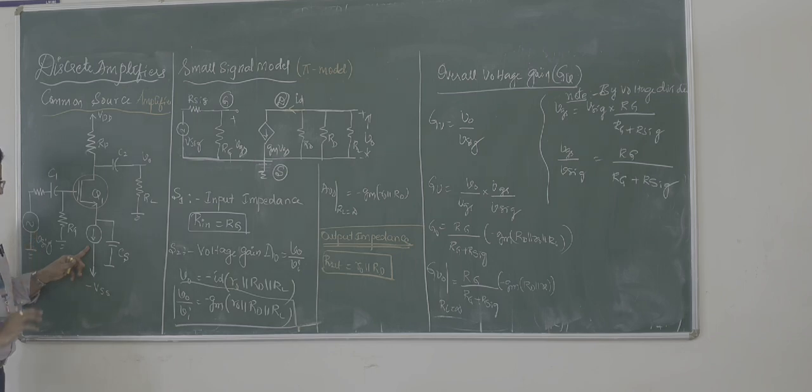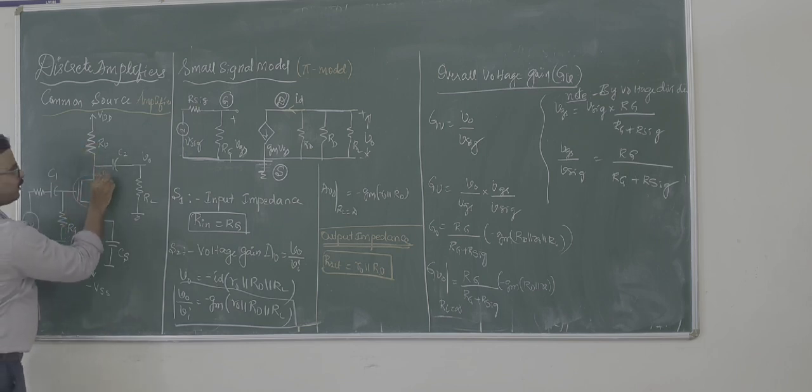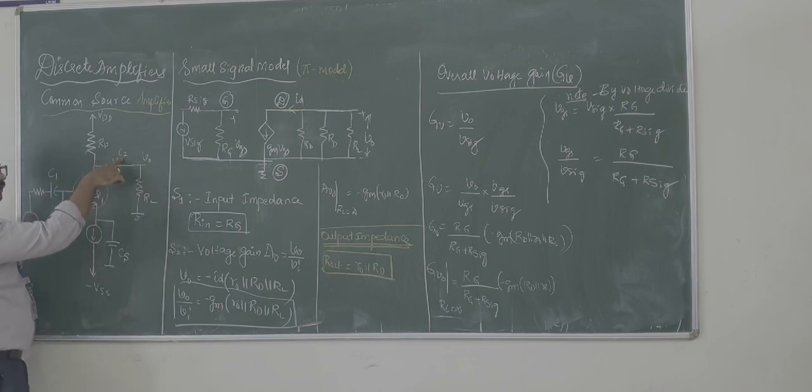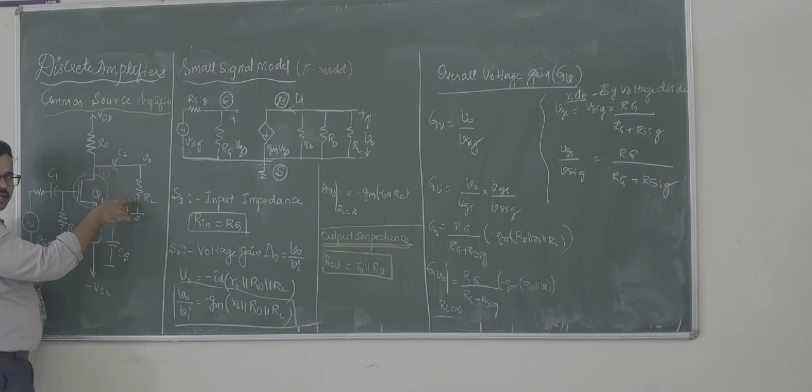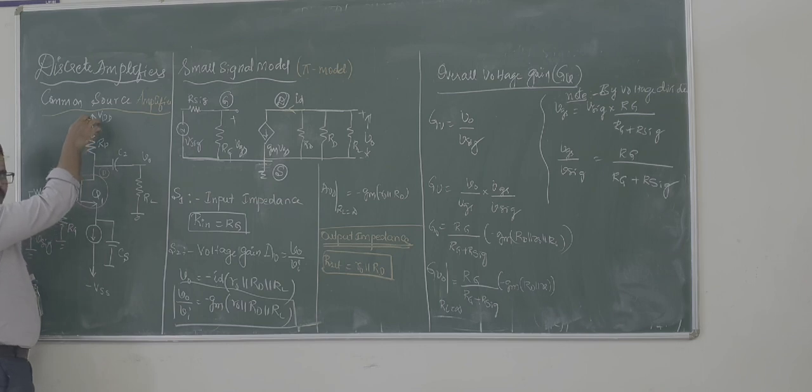The drain terminal is connected to the output through a coupling capacitor, let me denote it as C2. The load resistor is considered to be RL, and the drain terminal is also connected to the power supply VDD through a resistor RD for biasing purpose.